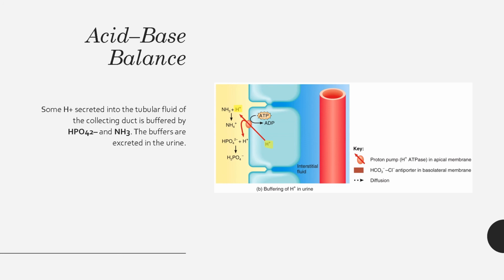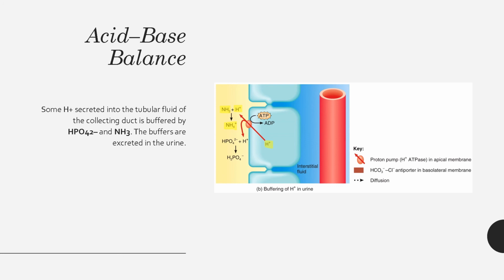First at the top we have ammonia, and ammonia is also going to be able to bind to those excess free-floating hydrogen ions to produce ammonium. So ammonia is NH3, ammonium, NH4. Again, you don't have to know this specifically, but yeah, an ammonia buffer here.